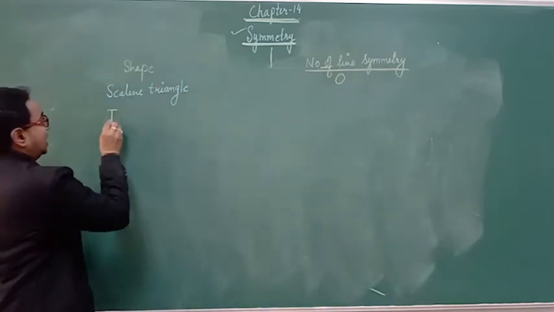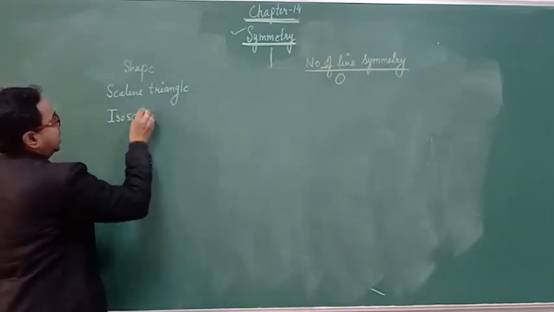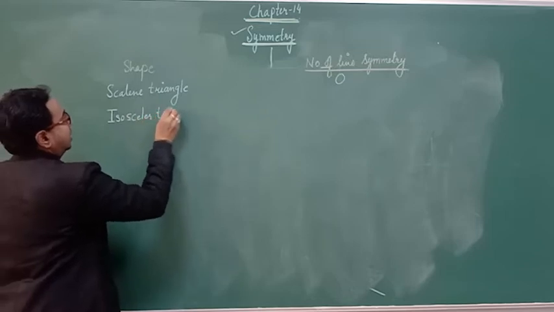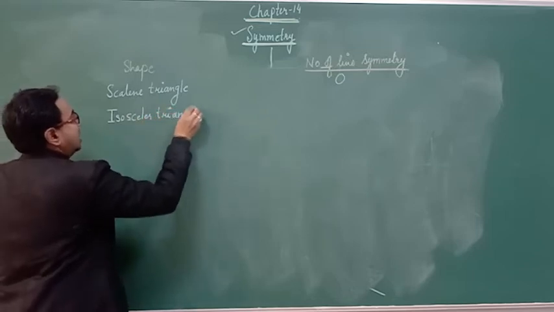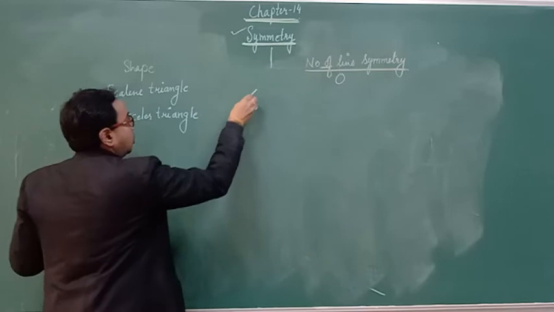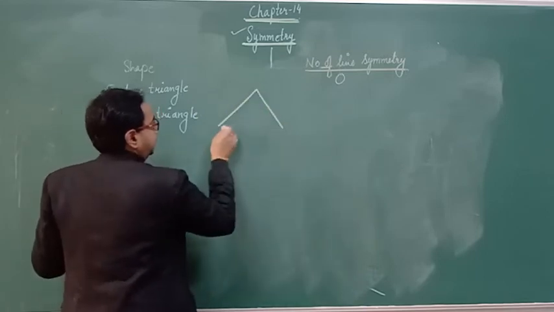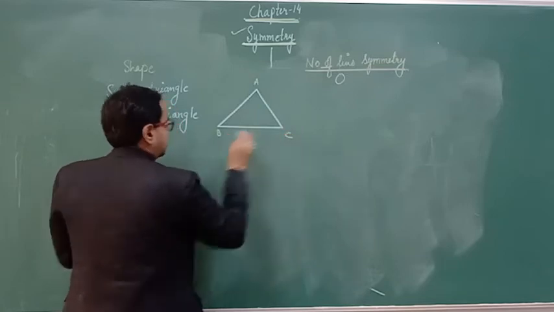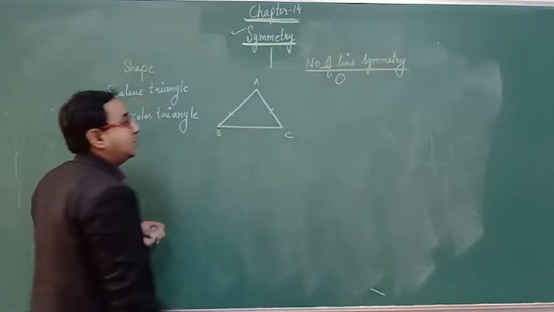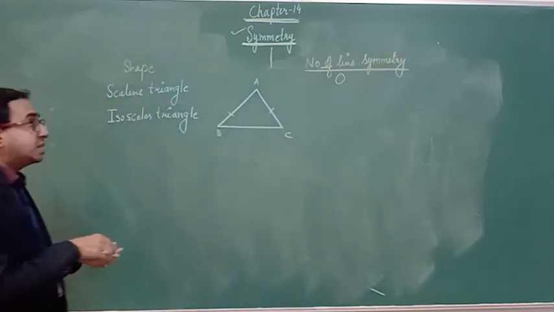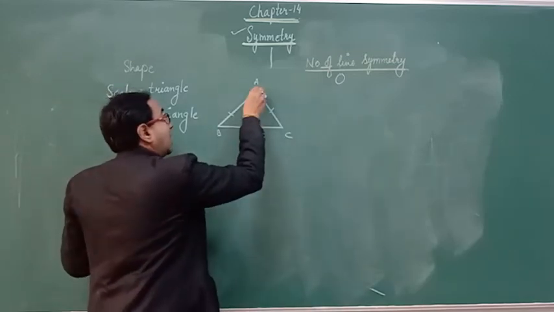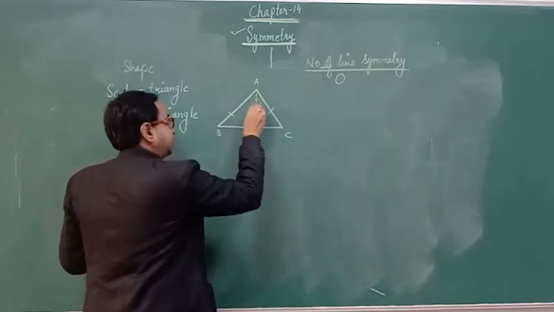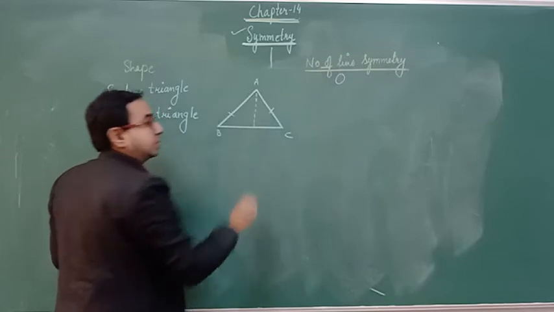Next, isosceles triangle. What do you mean by isosceles triangle? An isosceles triangle is one whose two sides are equal. Let us take an example. For example, ABC is an isosceles triangle whose side AB is equal to AC. If I draw a line from point A, what happens?